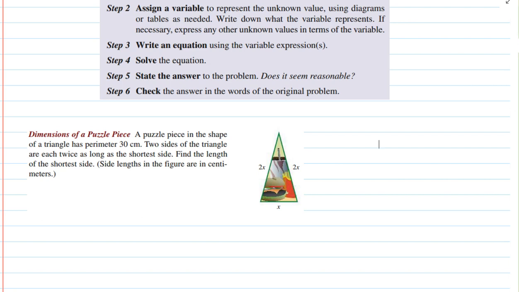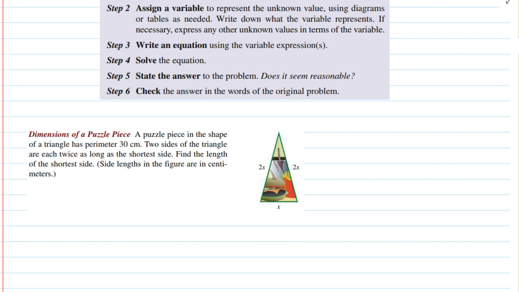In this exercise, we have the dimensions of a puzzle piece. A puzzle piece in the shape of a triangle has perimeter 30 centimeters. Two sides of the triangle are each twice as long as the shortest side. Find the length of the shortest side, and the side lengths in the figure are in centimeters.